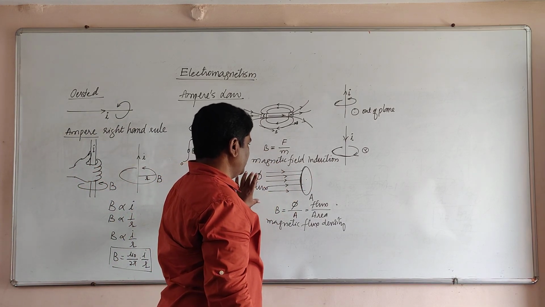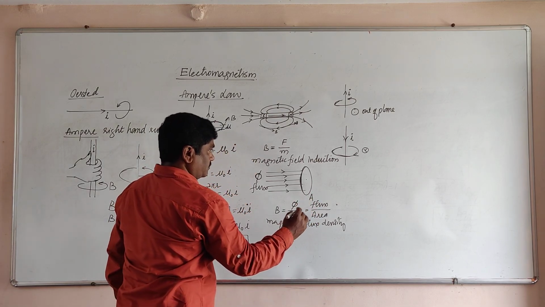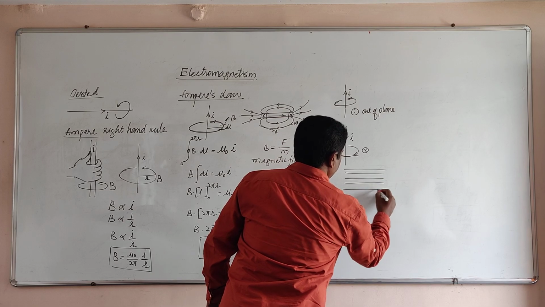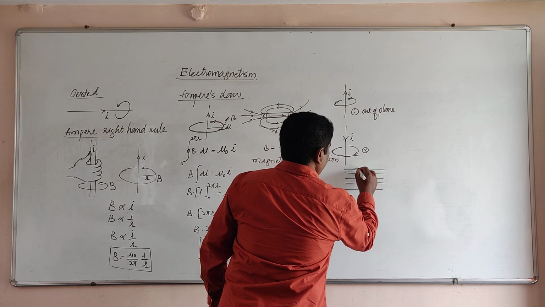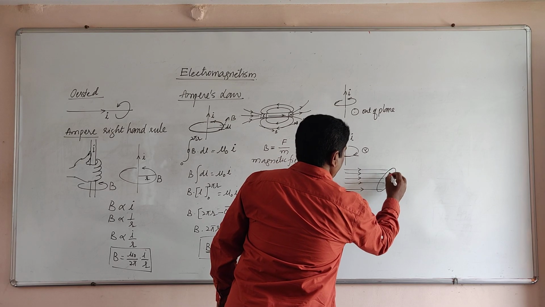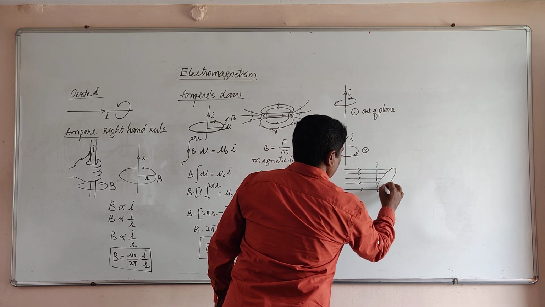From this magnetic flux density, the lines of force may be taken like this, but if the plane makes some angle theta from the original direction of the normal, this is how it bends. Whenever it bends by theta, the horizontal component is A cos theta.